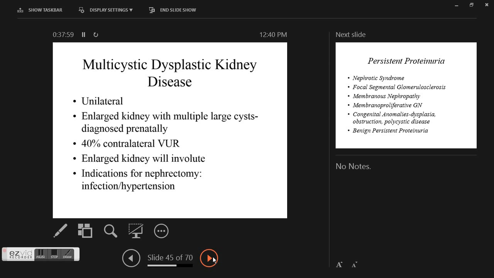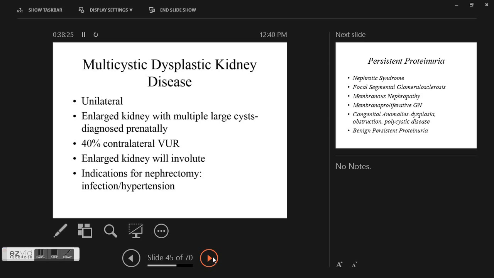It's presumed that about 10 to 15% of the general population has this. And the reason is because when you look at adults, about 10 to 15% only have one kidney. And that's been an incidental finding. They're in a car accident, somebody gets a CT, oh, you only have one kidney. So it's more often been an incidental finding, and the thought is that they may have had multicystic dysplastic kidney.